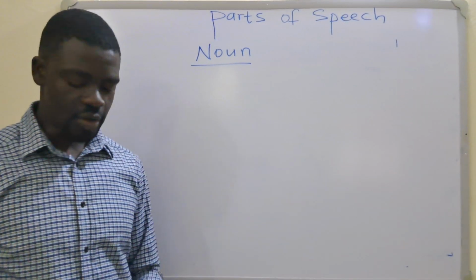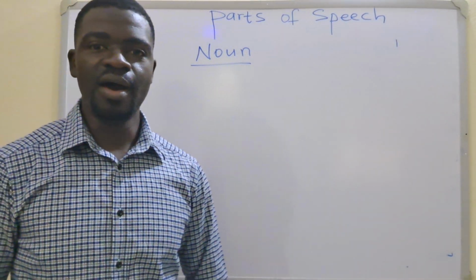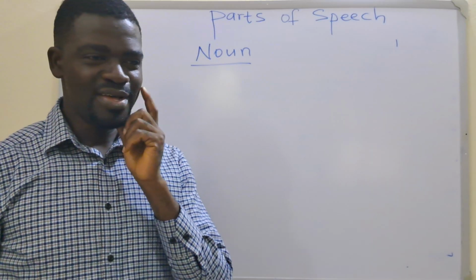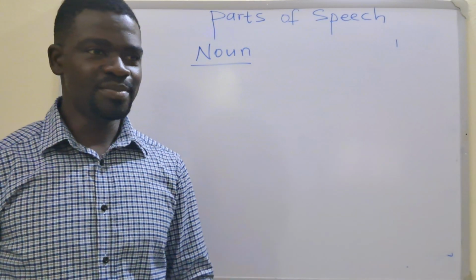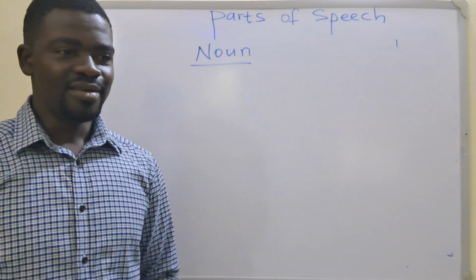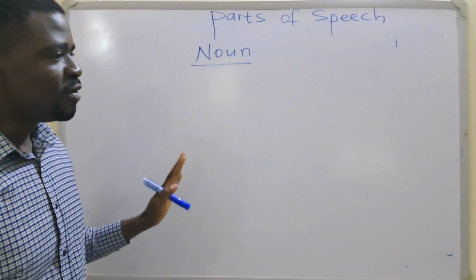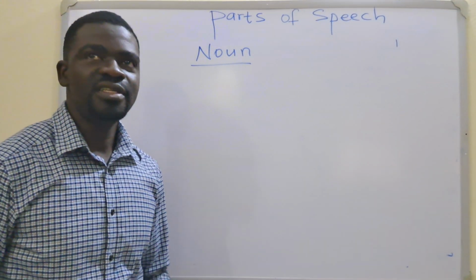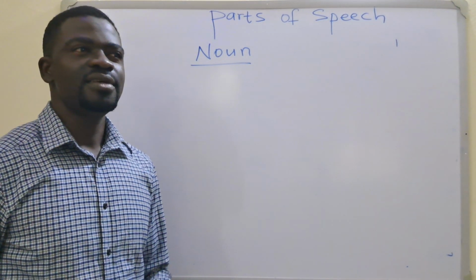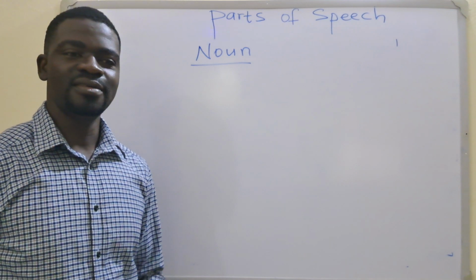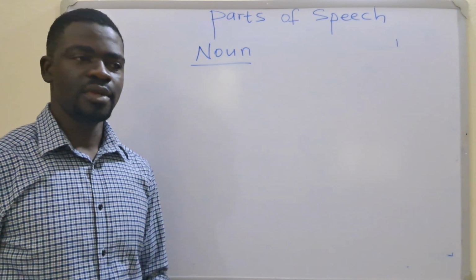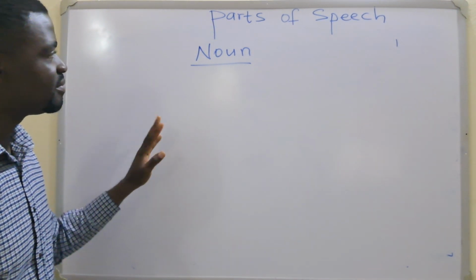Noun. So, what is a noun? I know for some people this might be very easy, but as I mentioned earlier, for those who have been out of school for a long time, you may not quite remember what you learned in primary school. So let's do a quick revision.